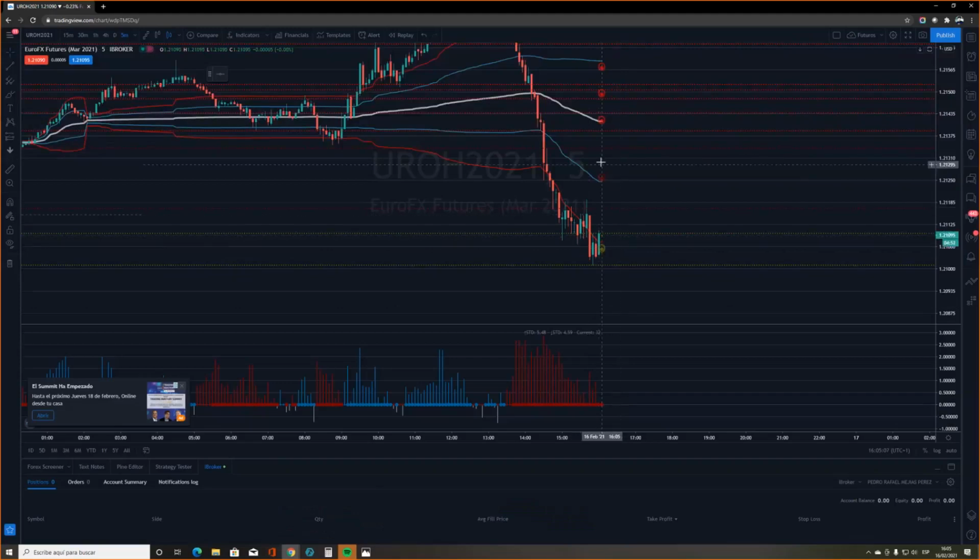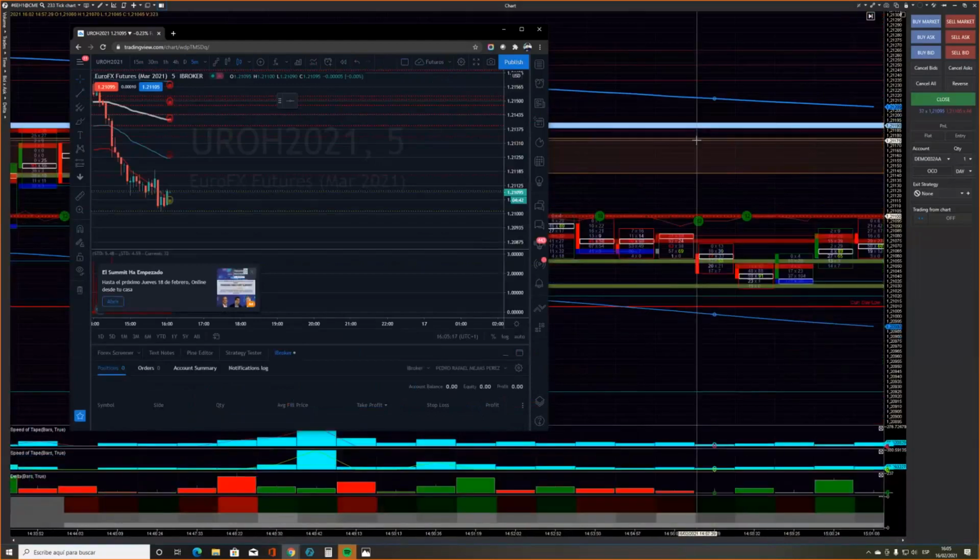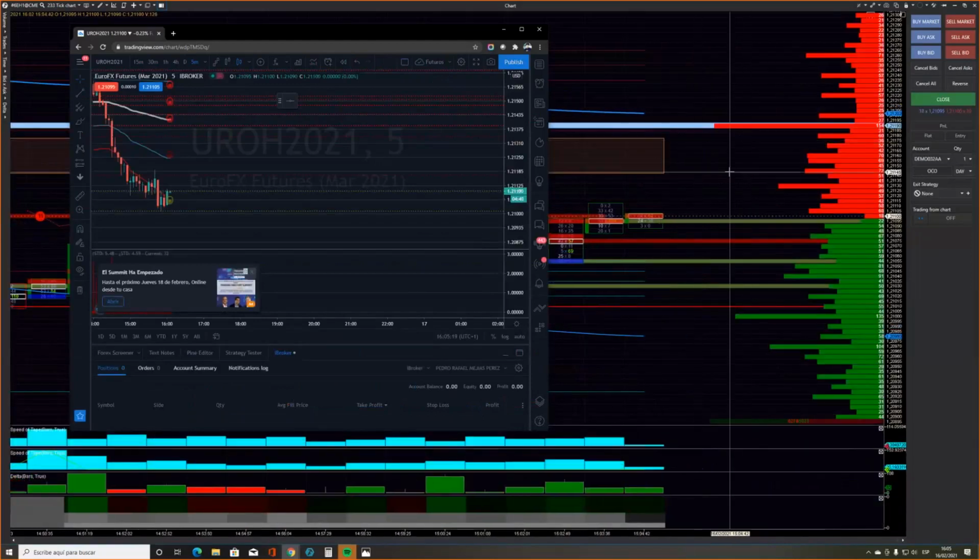And look here, we have the UFO very close to the area where we believe there is interest in the market. The price is 21,145, and we have the UFO at 21,175.